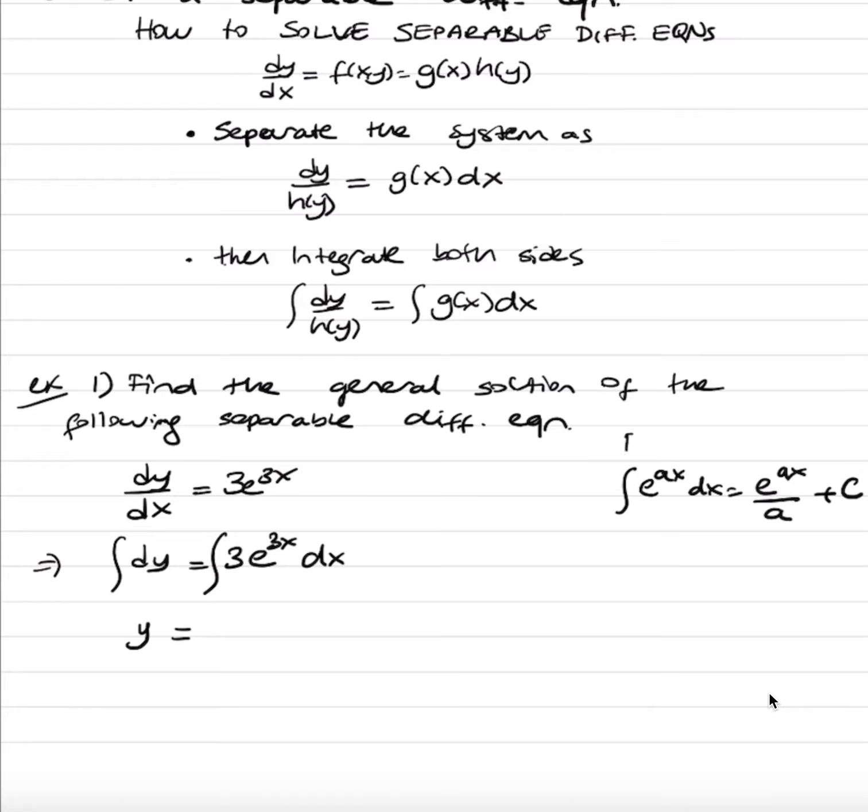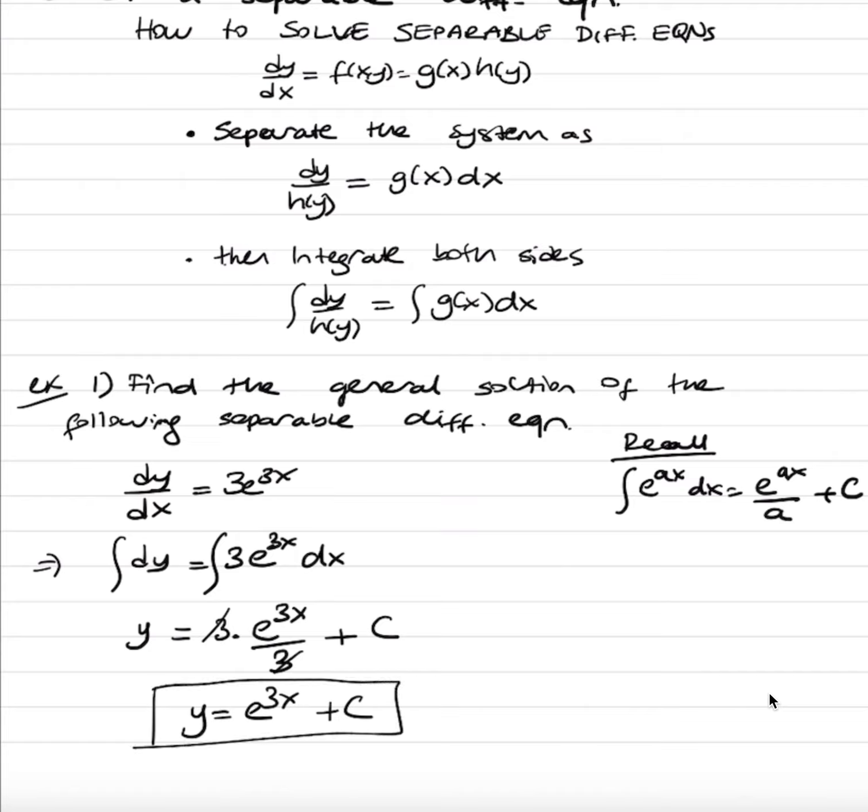This is the general formula, and in our case we have 3 times e to the power 3x, so 3 times e to the power 3x over 3 plus c, and we see that the 3's cancel, so we have the general solution as this one. So this is our general solution.